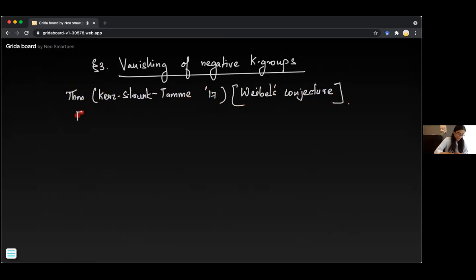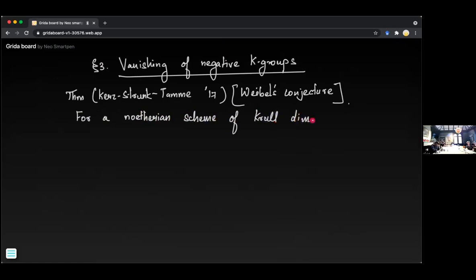It says that for a Noetherian scheme of finite dimension D, the negative K-groups vanish below this dimension. So K minus I of X is 0 for all I greater than D.